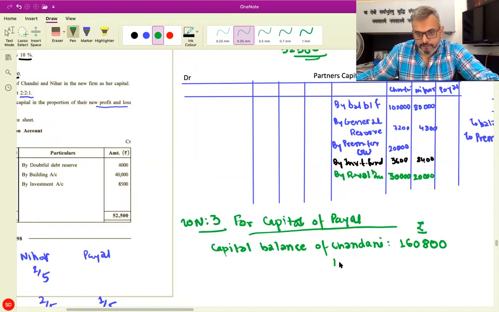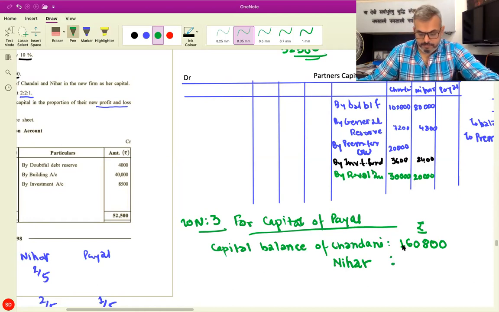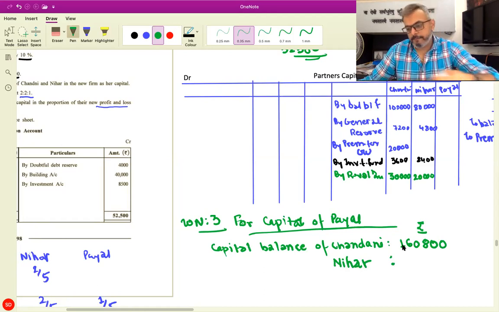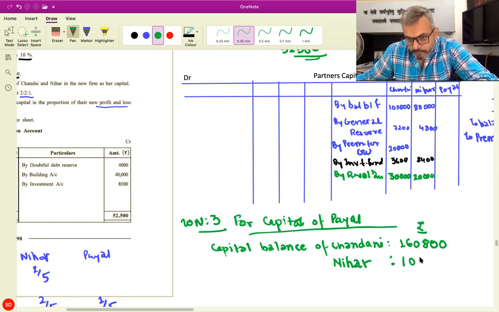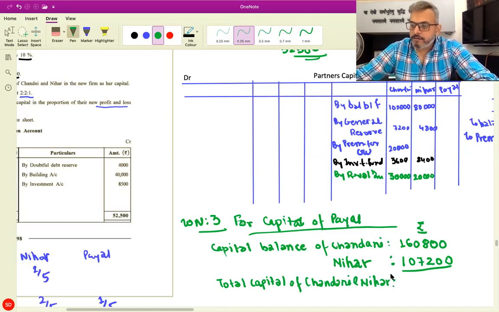And capital balance of Nihar: 80,000 plus 4,800 plus 2,400 plus 20,000. 1 lakh 7,200. So total capital of Chandani and Nihar.